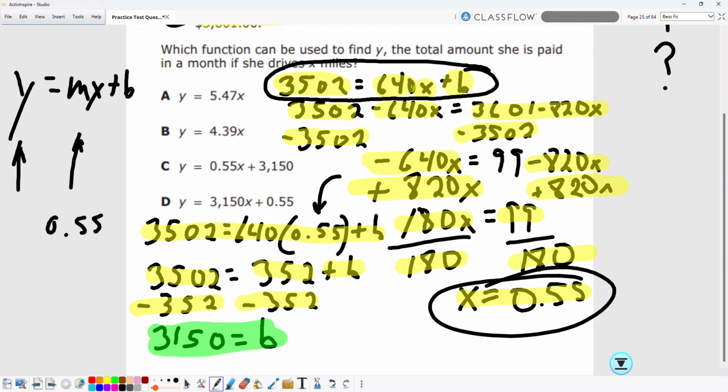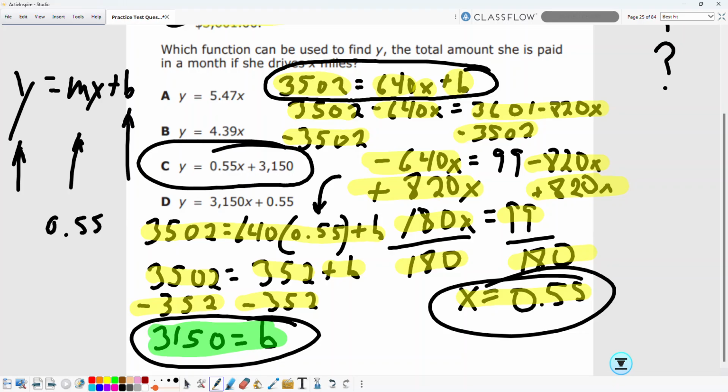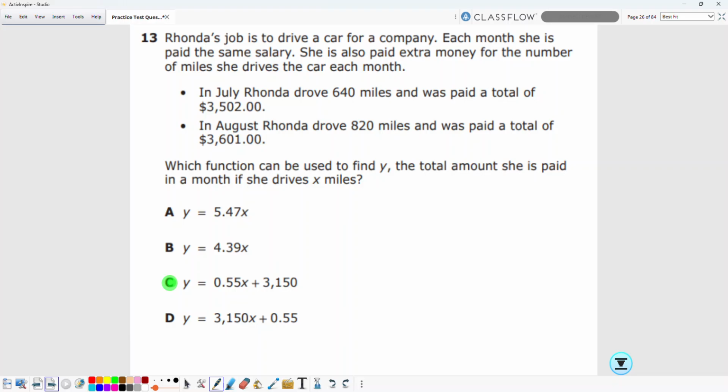Of course, x is going to be there. And the b is that number right there I just circled. So let's go through and see if we can find one. And indeed we can. This one matches. That is our answer. Let's check our answer. And there you go.